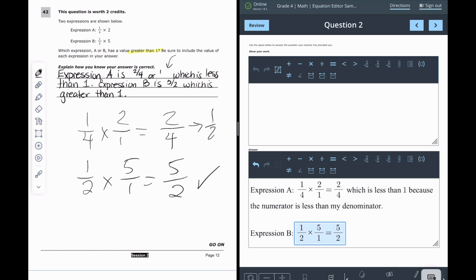So 5/2, and I'm going to type 4. And the mixed number is 2 and 1/2. Or 2 1/2.